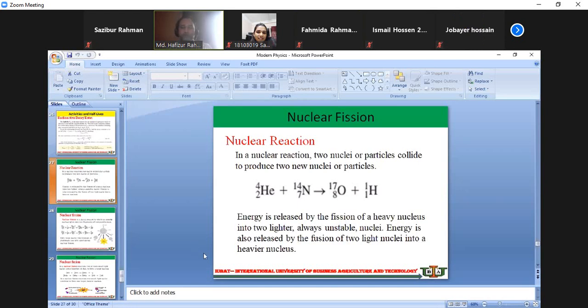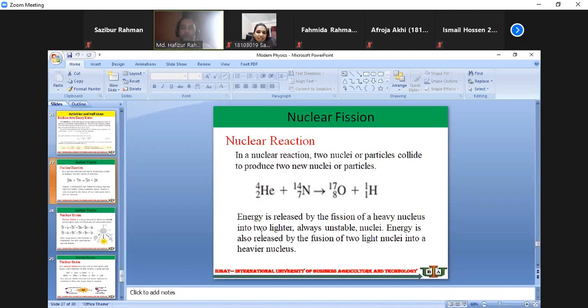So let us see, in a nuclear reaction, two nuclei or particles collide to produce two new nuclei or particles. Here is a simple example of nuclear reaction. Helium and nitrogen collide, and oxygen isotope and hydrogen are produced.